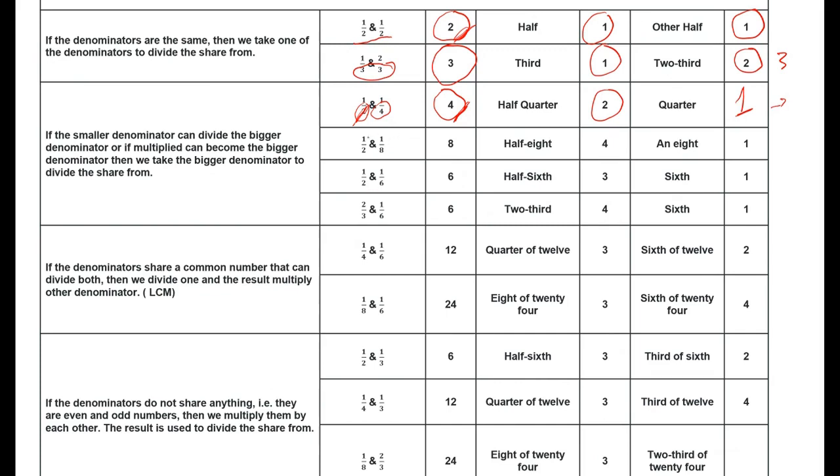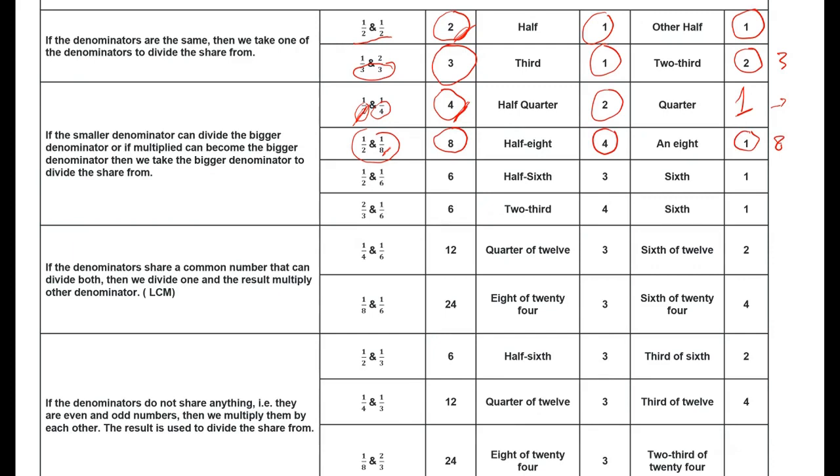And likewise, here we have 1/2 and 1/8. So the 2 can divide the 8, so the total share will be 8. So half of 8 is 4, 1/8 is 1. So the asl al-mas'ala will be from 8.